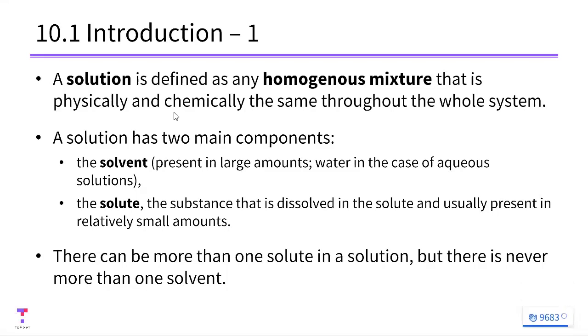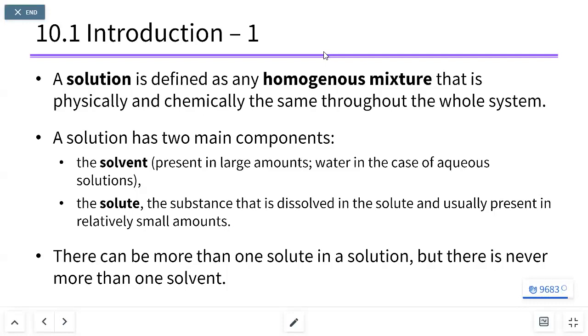Solutions have 2 primary components. We have the solvent. The solvent is the thing that is doing all of the dissolving. It's the stuff that's present in the greatest amount. And for most of our solutions, we're talking about water here. So the thing that dissolves all of the other things. Solutes, on the other hand, are the things that are actually dissolved.